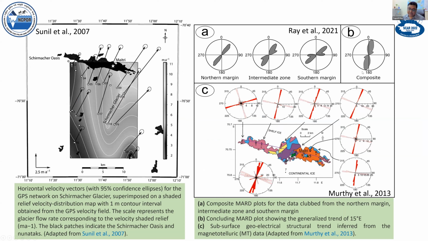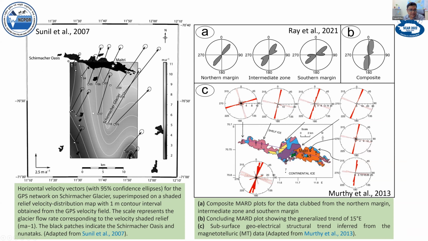On the contrary, if we see data from the southern margin and the intermediate zone, these two sets are bidirectional, and the dominant direction of movement of the ice sheet is north-northeast, south-southeast, with few exhibiting proximities towards northeast to southeast, and even fewer to east-west direction. It can be inferred that these striations show different advances of the same ice sheet, but the orientation is maintained with minor marginal cross movements.